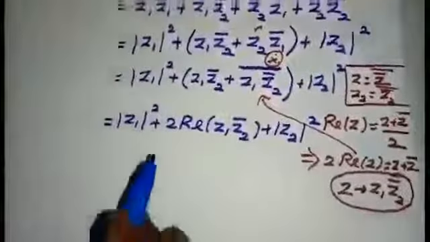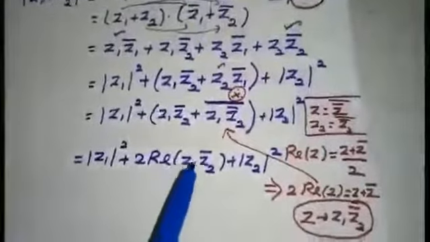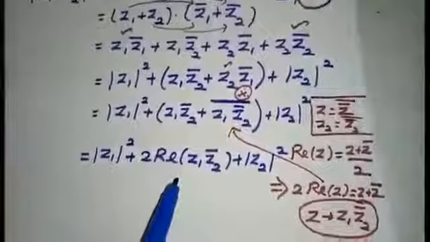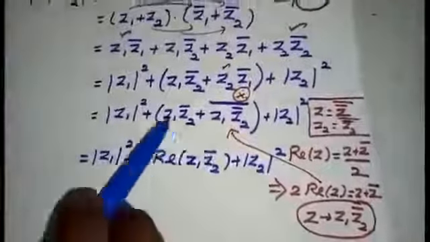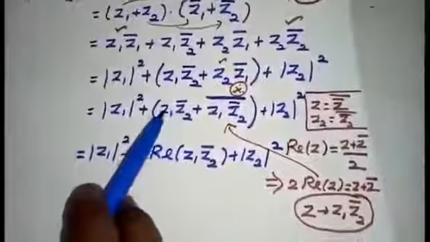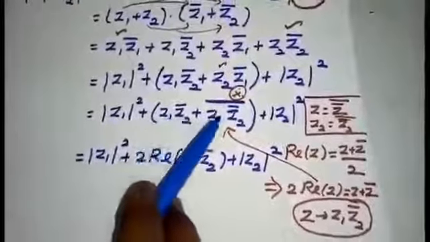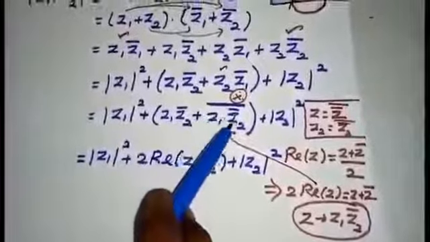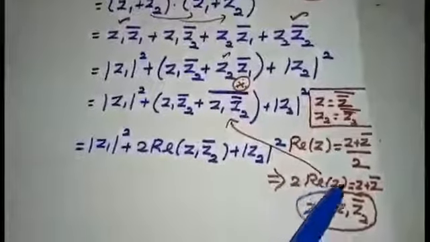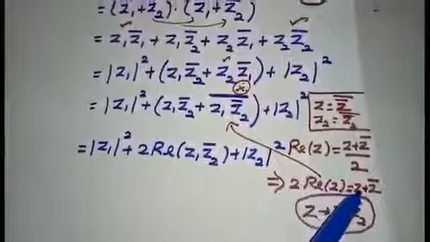I hope that you are understanding the concept, students. So just take some time to analyze this one. Instead of Z, I am having the values Z1 Z2 bar. That is why I am writing the second term also in the form of Z1 Z2 bar. I am using this property, 2 into real part of Z is equal to Z plus Z bar, students.